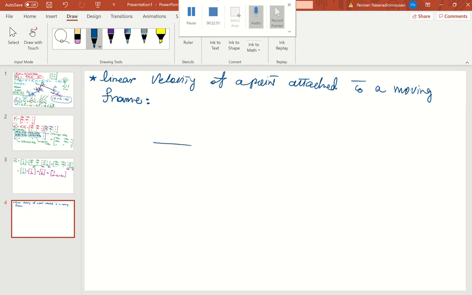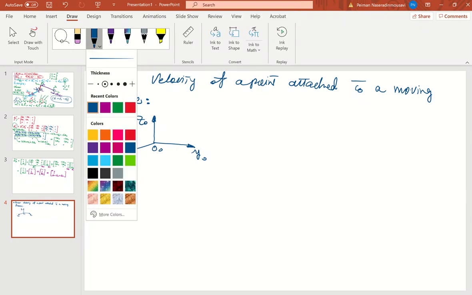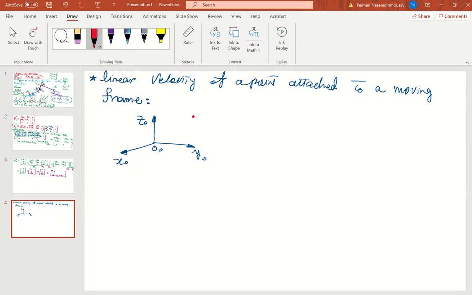Okay, our famous space coordinate system. Here we go: O naught, X naught, Y naught, and Z naught. And suppose that we have a frame here in space, say X1, Y1, and Z1, and I'm connecting the origins, and here's O1.